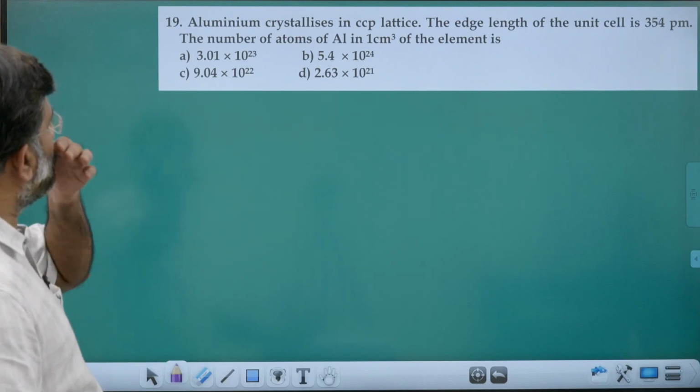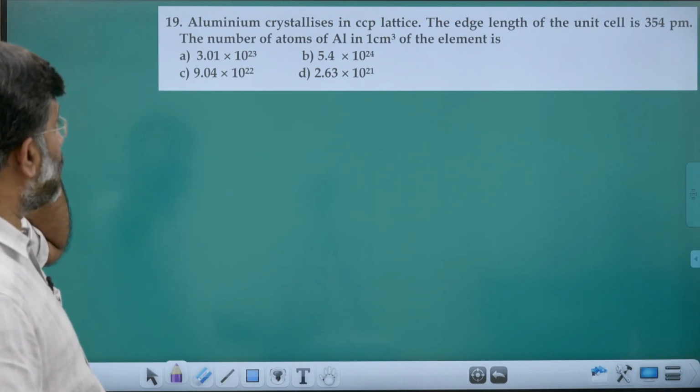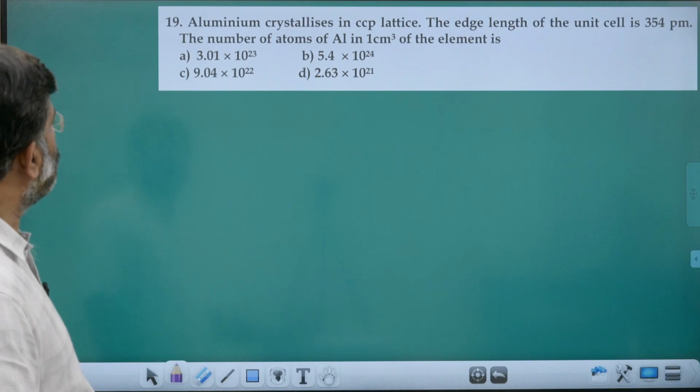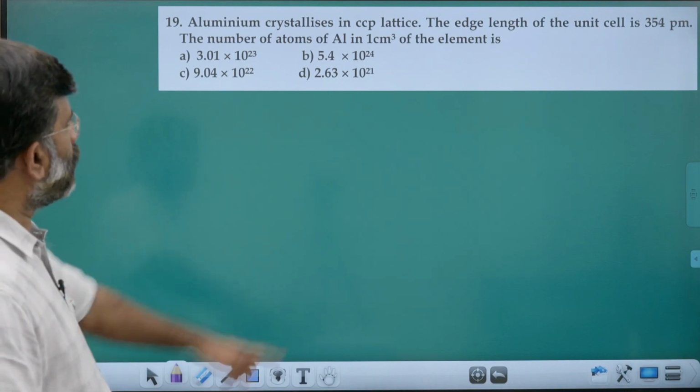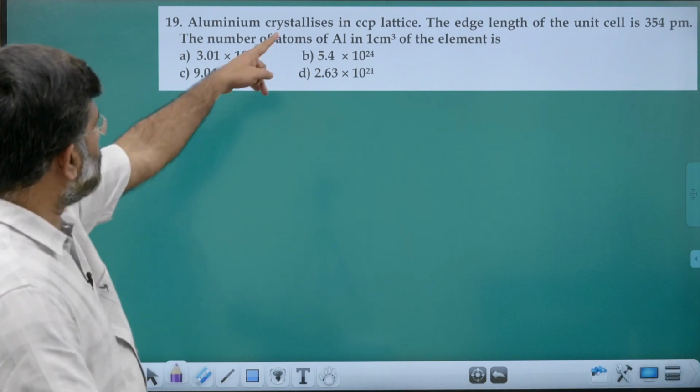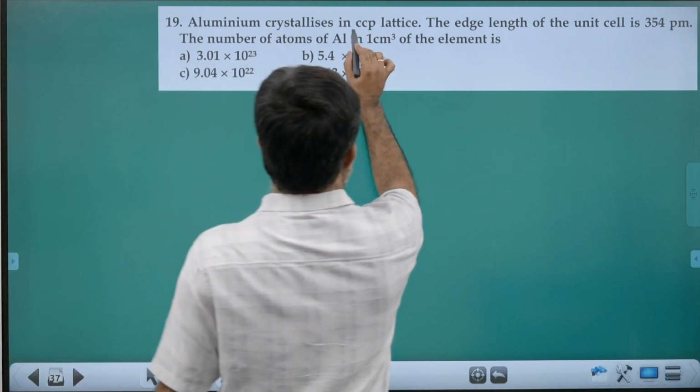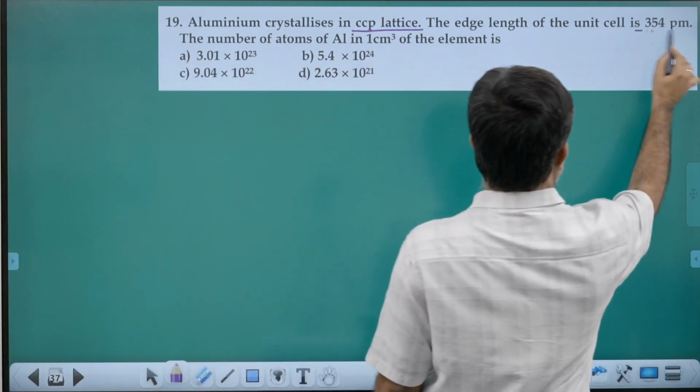Aluminium crystallizes in a CCP lattice. The edge length of the unit cell is given. The number of atoms of aluminium in 1 centimeter cube of the element is asked. So the crystal structure is CCP, and the edge length is given.